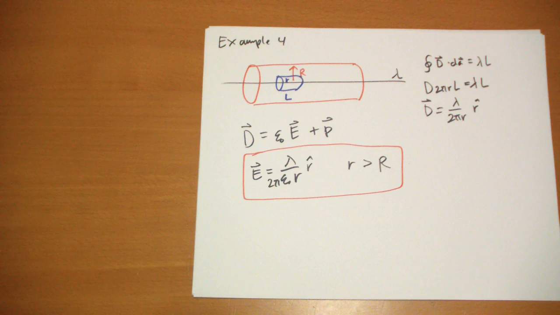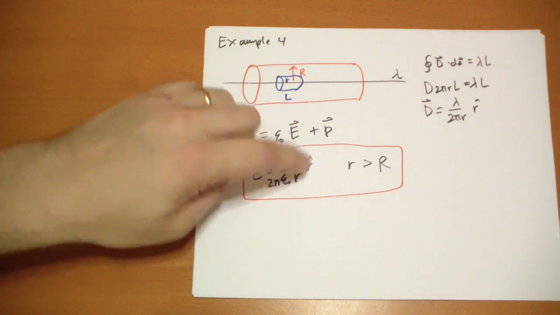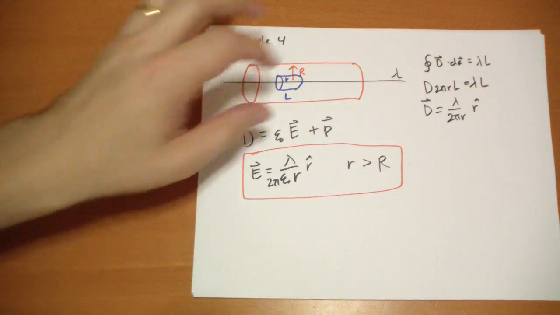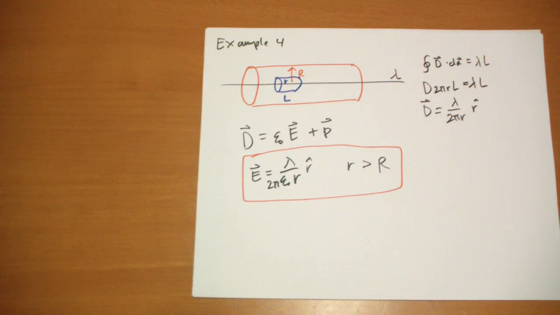The reason is that we have to reconcile this with that, and so there's a jump that has to happen, because the bound charge suddenly has to go from something to nothing, so we just can't calculate it right at the surface.